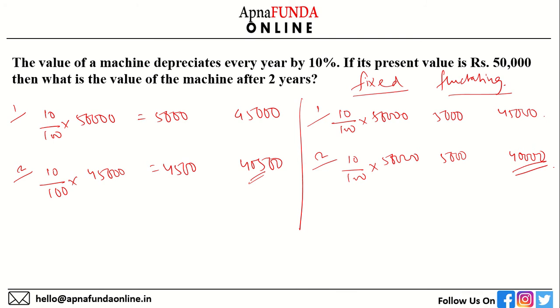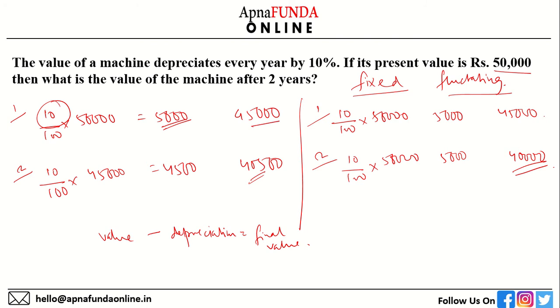Depreciation means there is a value of a machine and there is a depreciation which gives me a final value. Our present value was 50,000. 50,000 minus 5,000 gives me 45,000.